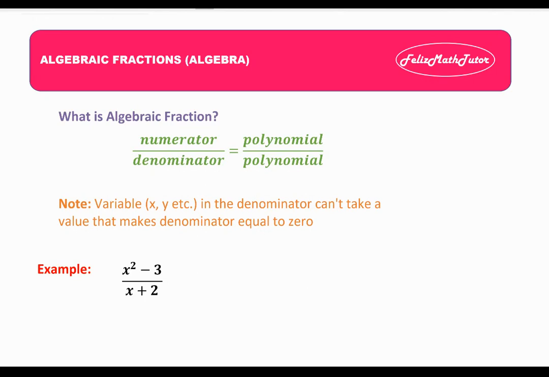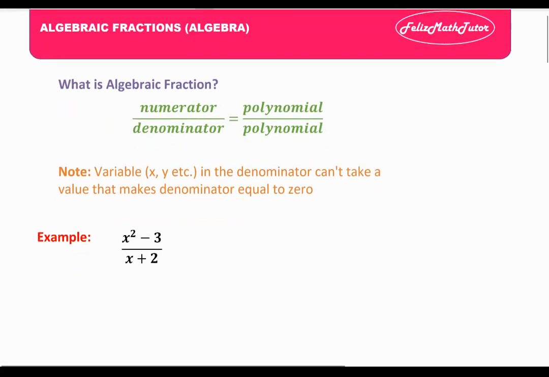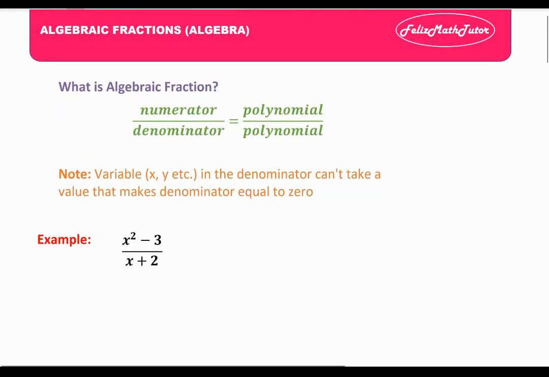We have to be careful with the denominator, as in every algebraic fraction the denominator cannot be equal to 0. So variables x, y, etc. in the denominator cannot take a value that makes the denominator equal to 0. Let's see this in an example. Let's say we have x squared minus 3 on top and x plus 2 in the denominator.